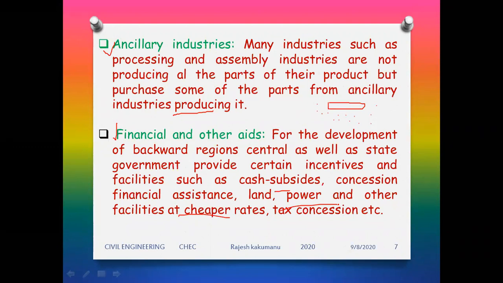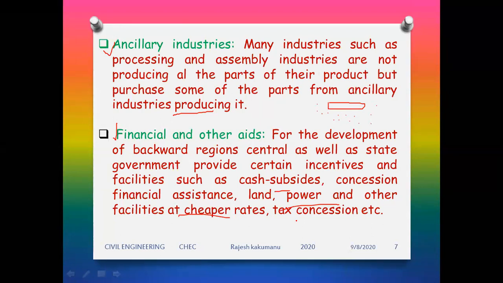Then at that place, if you want an area, automatically the government gives subsidies, concessions, land or power reduction or some sort of tax concession to keep your firm in such areas.